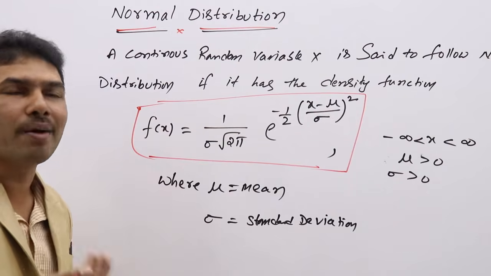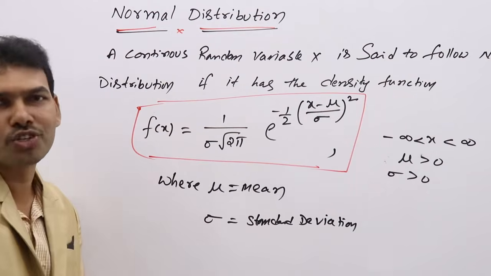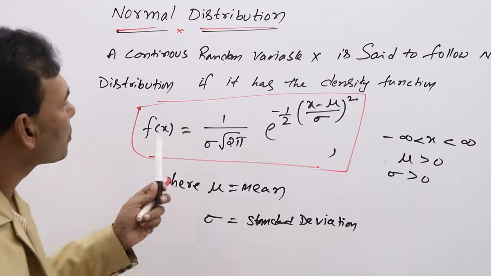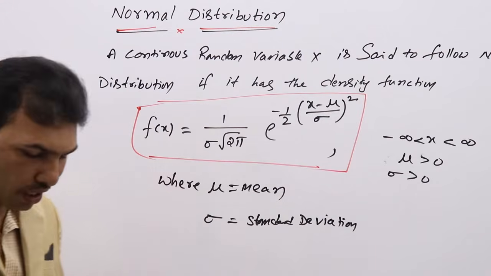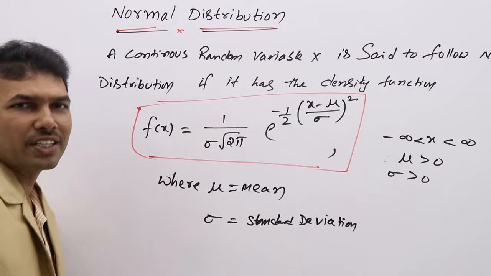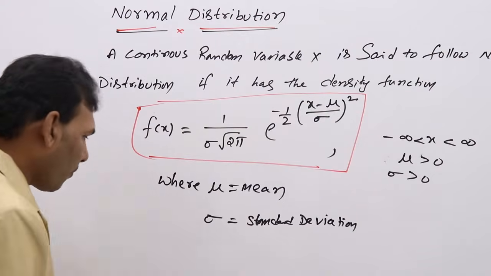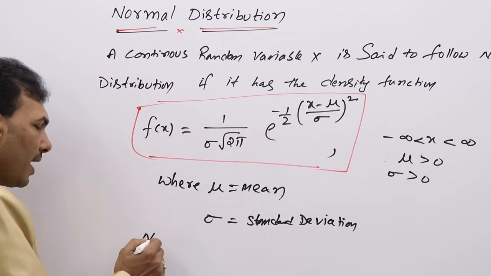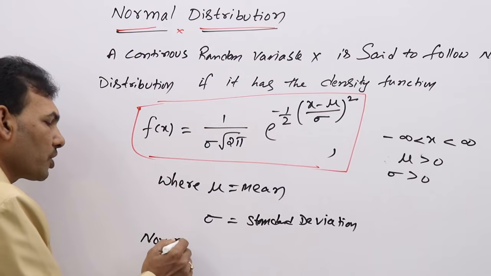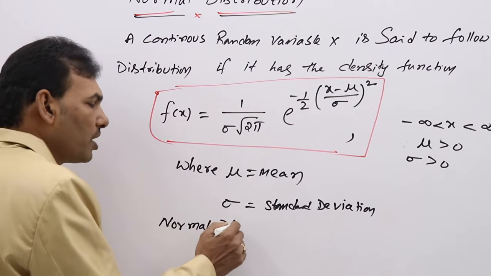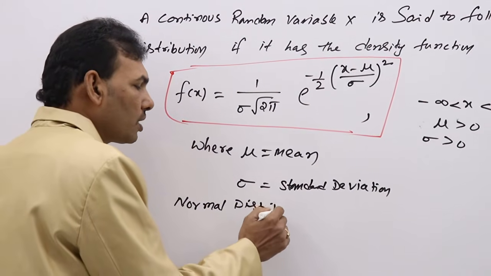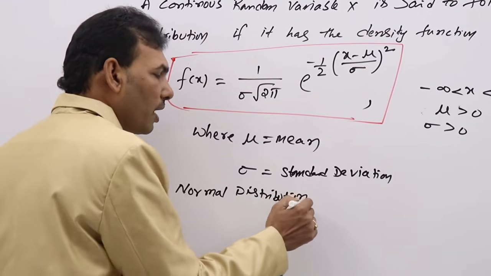So to find any application for normal distribution, you have to use the density function. Using this density function, if you draw a graph, we call that the normal distribution graph, normal distribution curve. Sometimes it is called the normal curve.